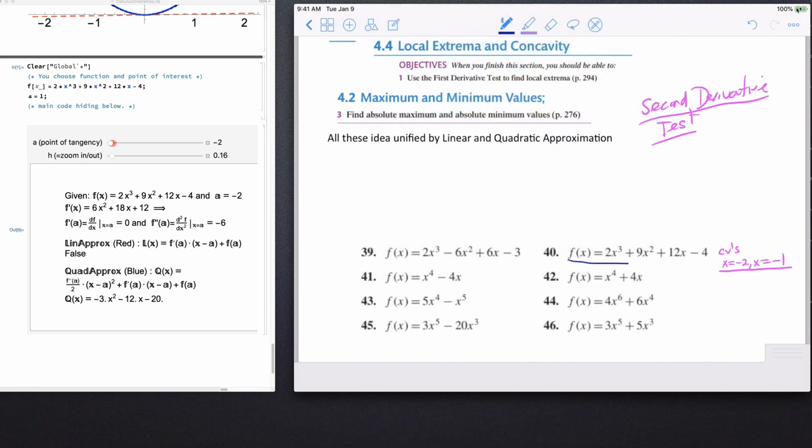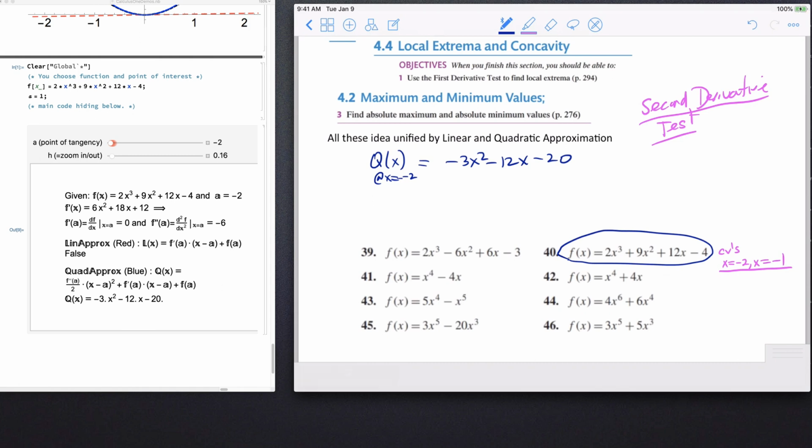If you look at this function, for example, we discovered that there were two critical numbers, or two critical values, x is equal to -2 and x is equal to -1. Okay, and we concluded that there was a quadratic approximation at x is equal to -2, and that quadratic approximation was -3x squared minus 12x minus 20.